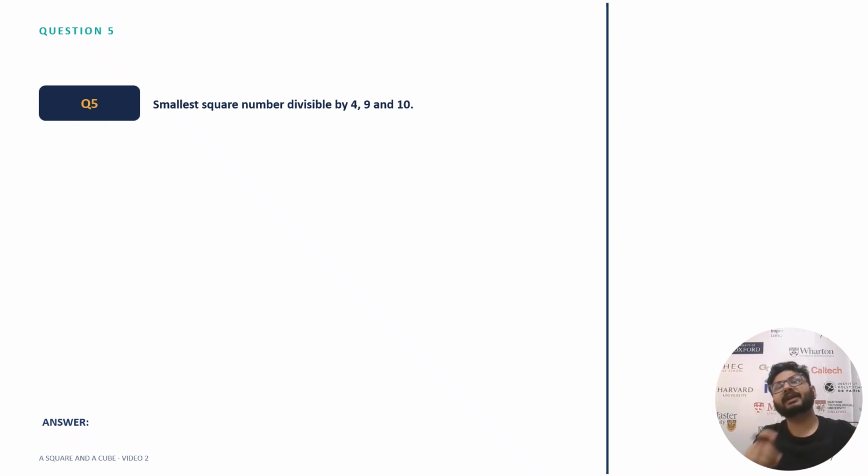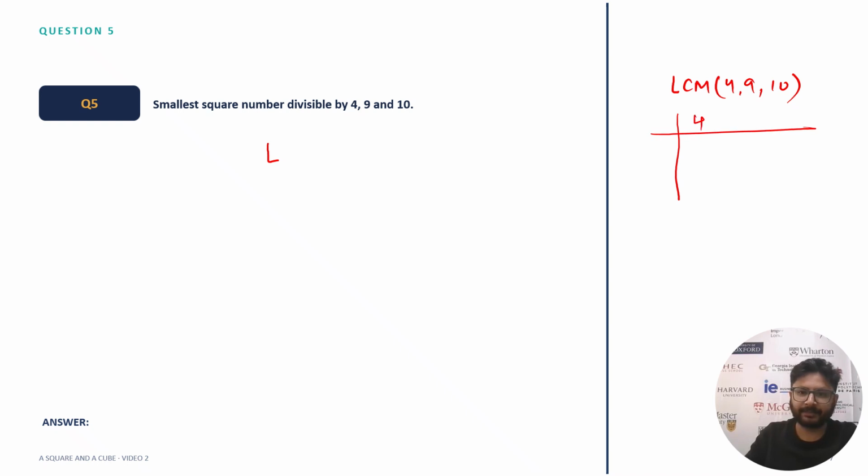So for the numbers which are divisible by the given numbers, I have to take the LCM of the given numbers, right? So first of all, I'll go for the LCM of 4, 9 and 10. Let's take the LCM.